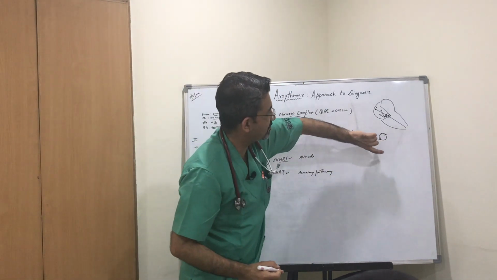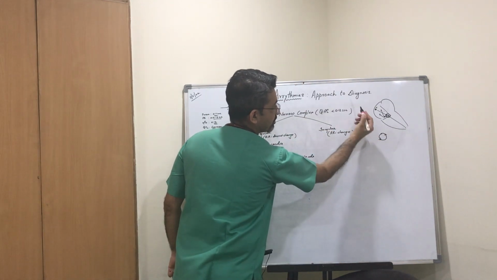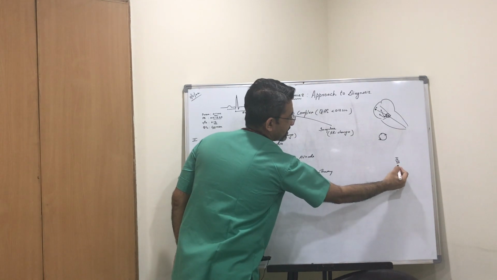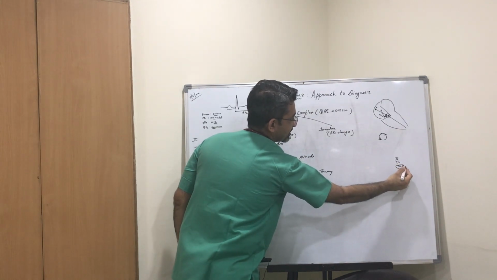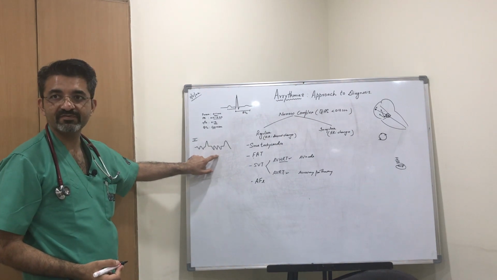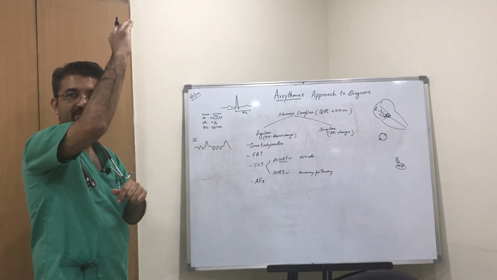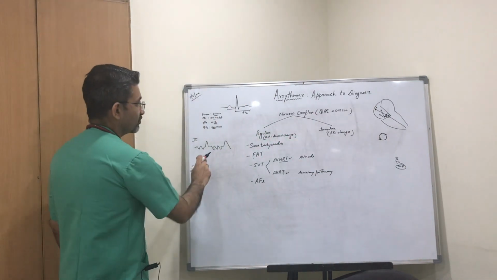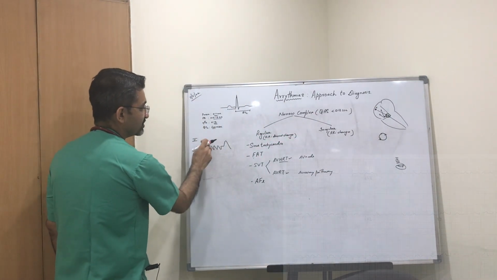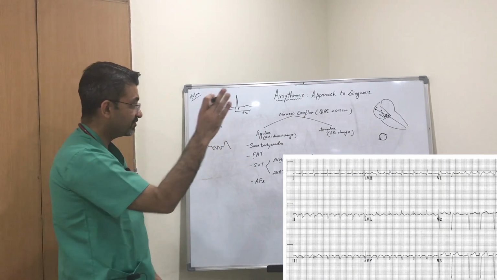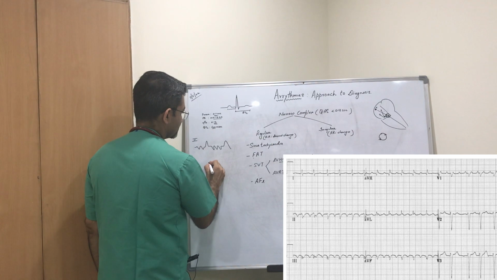Because of this counterclockwise flow, when current is going up, leads 2, 3 and aVF will capture it as a negative wave, a negative P wave. It's going up, away from 2, 3, aVF, counterclockwise current, right? So you have negative P waves, which are sawtooth waves, in 2, 3, aVF, and in V1 you have positive sawtooth waves like this.